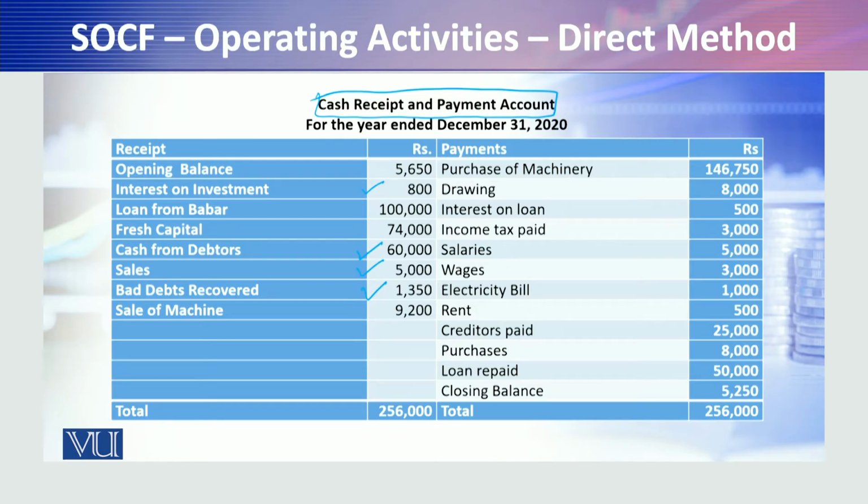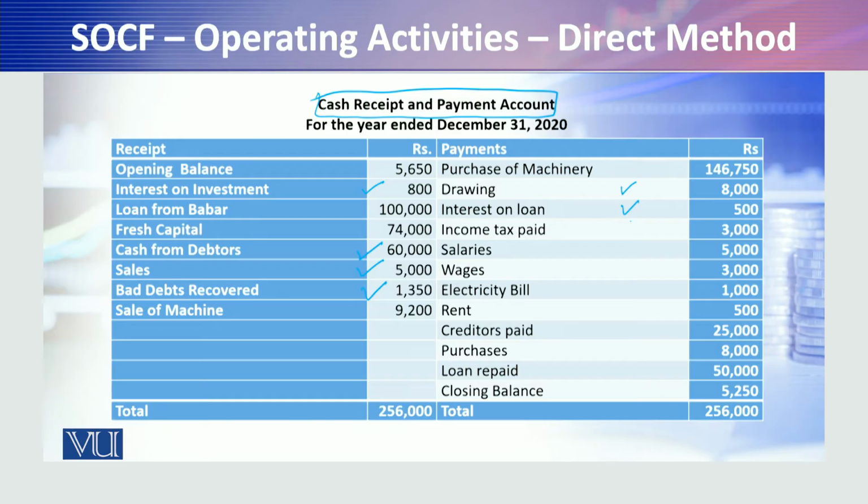Then come over here, drawing. Drawing is distribution to the owner. We can place it in operating activities, or we can also present it under financing activities. Interest on loan, yes, we can place this in operating activities.